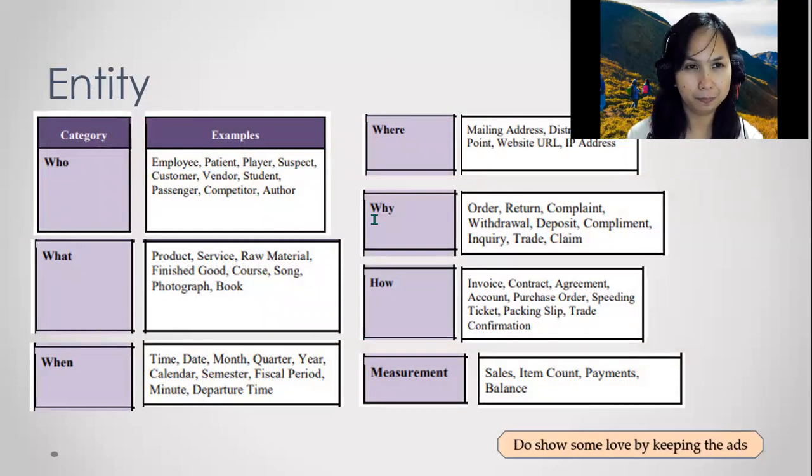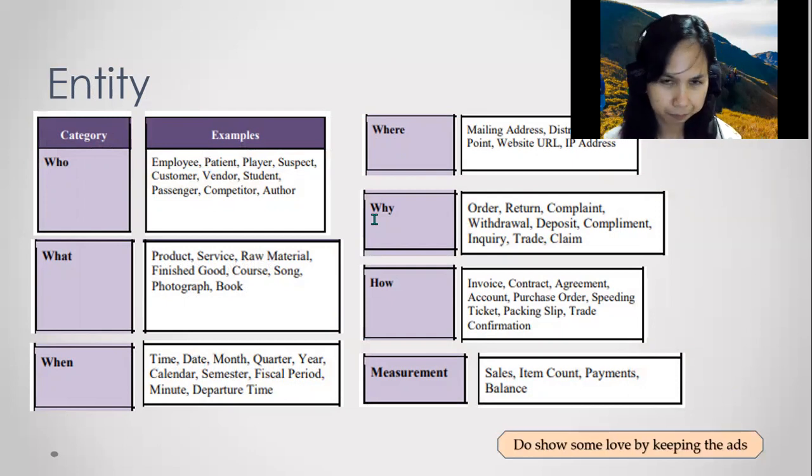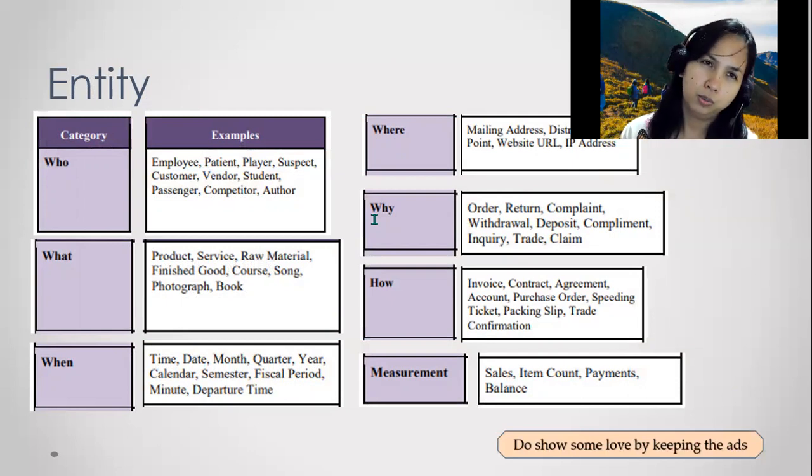Attributes for categories and types are very important here. Examples that you might think of would include the product, service, raw material, finished good, course, song, photograph, and even book.